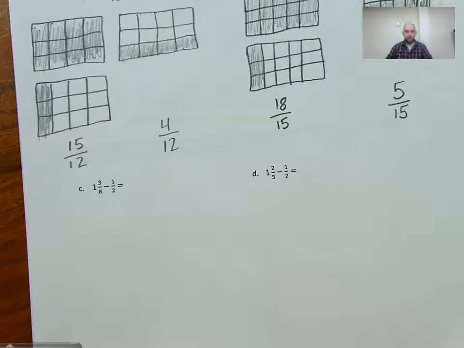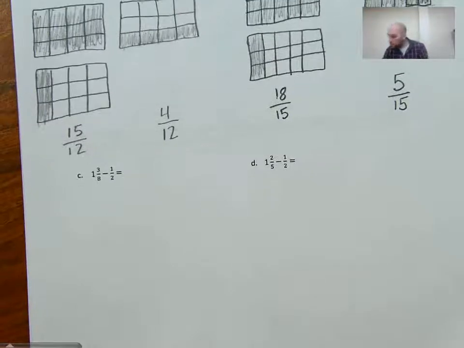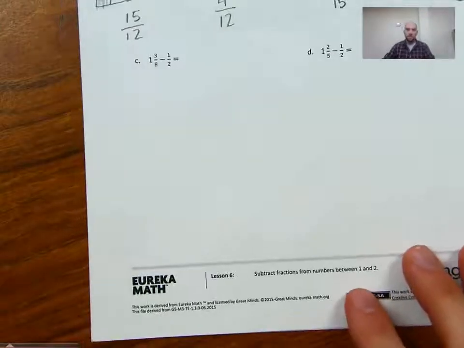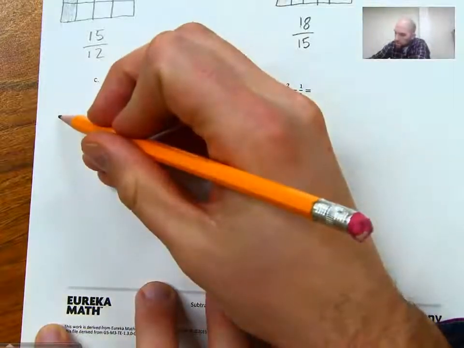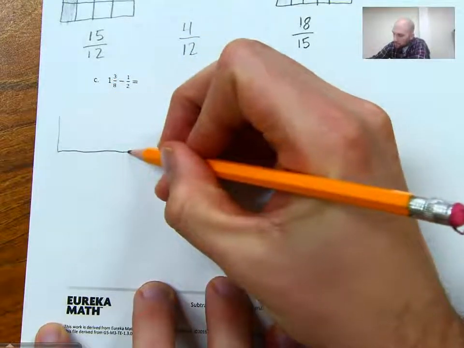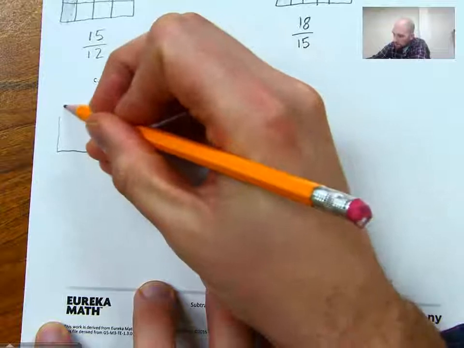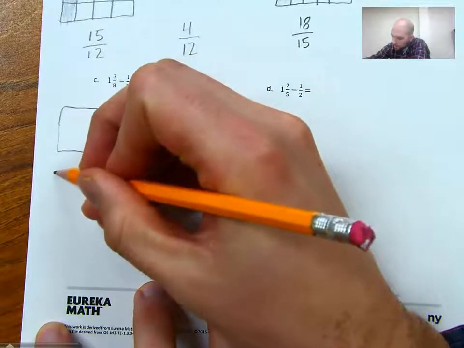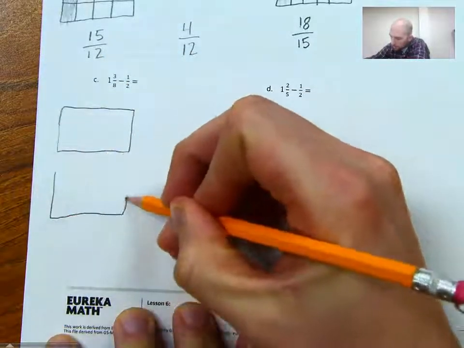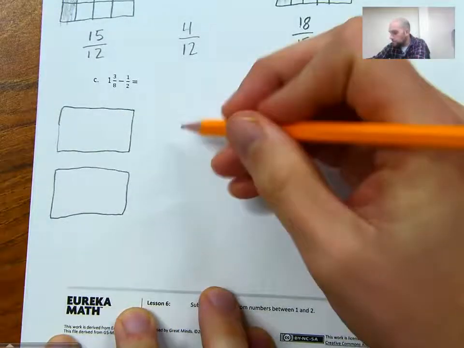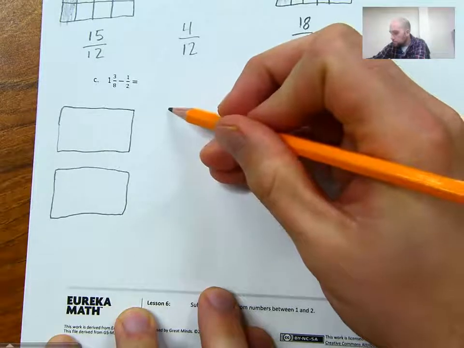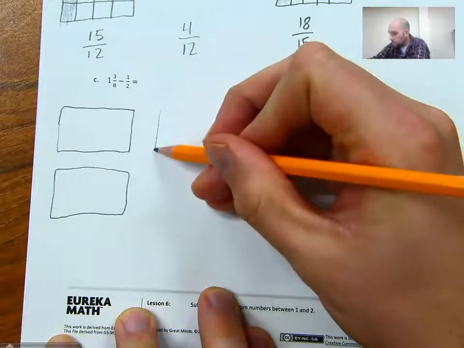All right, let's do one more down here. We'll do this letter C. 1 3/8. We're going to need 2 rectangles, again, because we have more than 1 whole. And then we only need 1 over here to express 1/2.